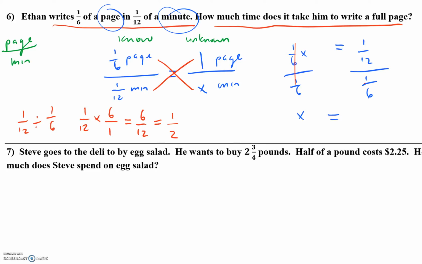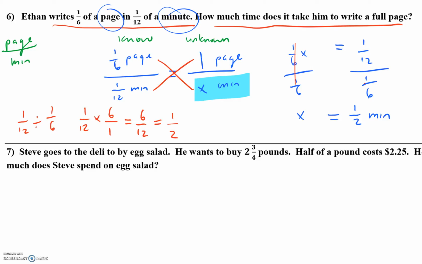All right, so that means x equals 1/2. And this is where we would go ahead and throw our units back in. Well, if we look over here, x was in minutes. So we could go ahead and put x equals 1/2, or 1/2 a minute.